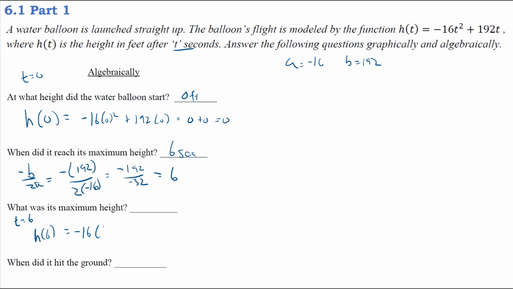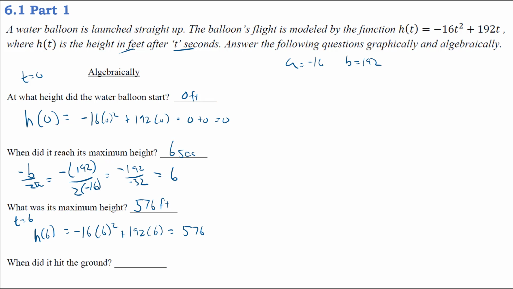So -16 times 6 squared plus 192 times 6. Calculating that out, you should get 576. Our height is in feet, so the maximum height after 6 seconds was 576 feet.